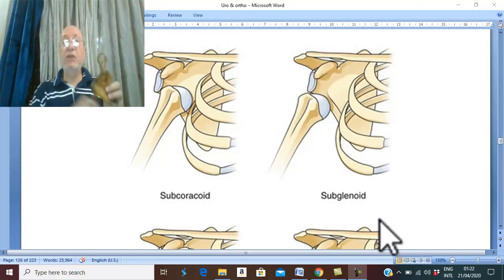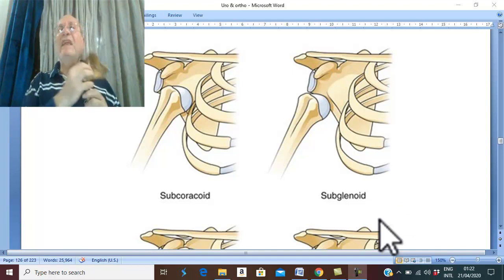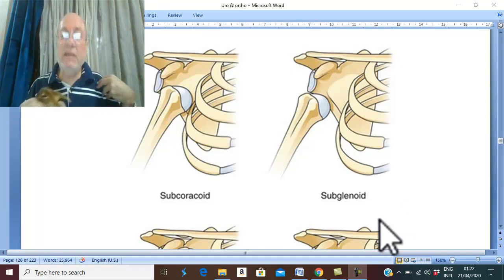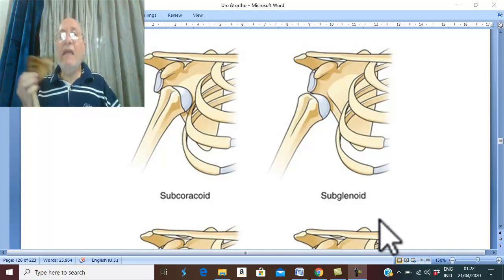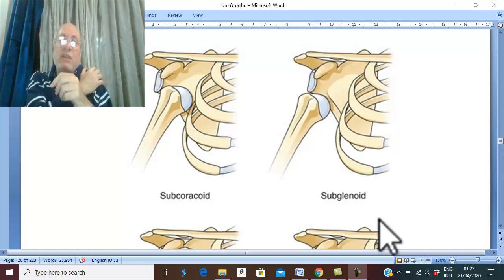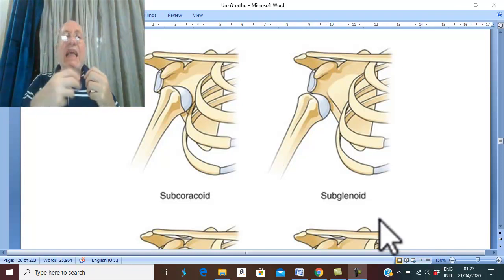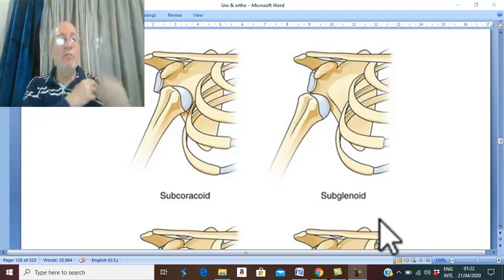During dislocation of the shoulder joint, the patient feels severe pain, and due to this pain the patient fears moving this shoulder again, and the patient is delayed in movement of the shoulder joint.